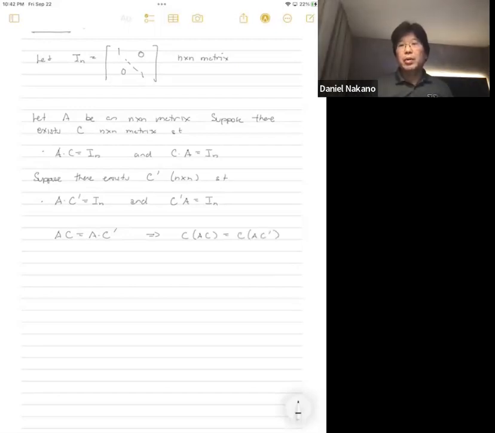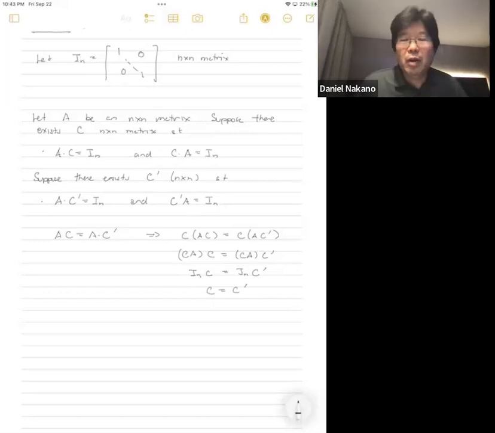Then we can just combine these, so CAC is equal to CAC prime. Now we know C times A is the identity, right? So identity n times C is equal to identity n times C prime. So C is equal to C prime.